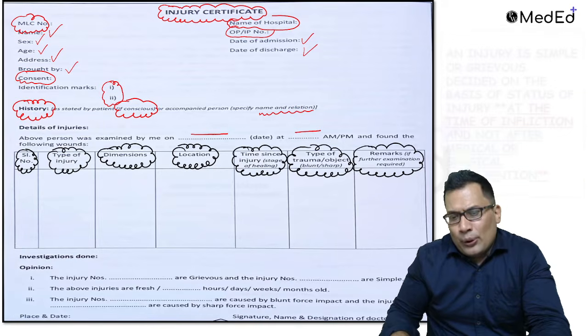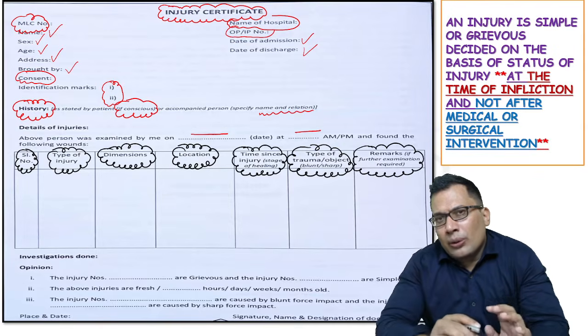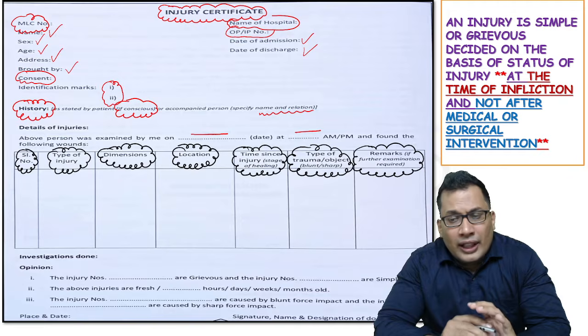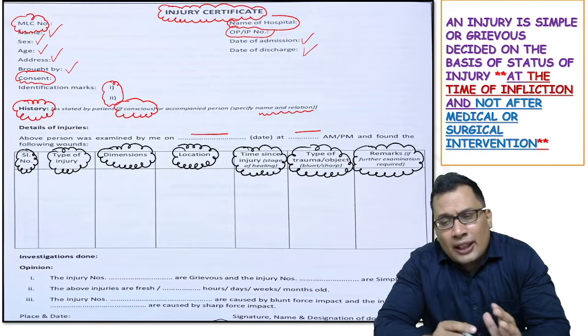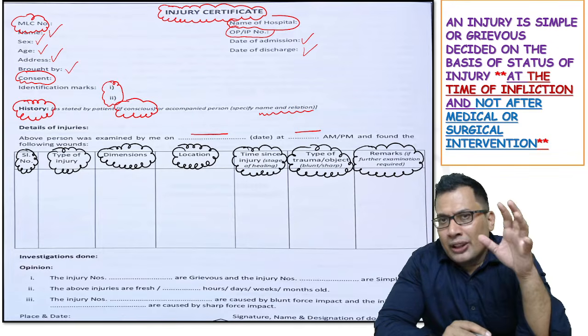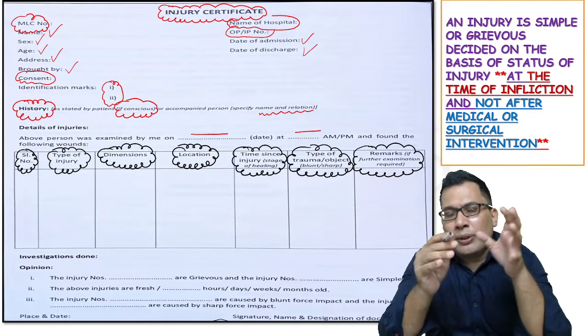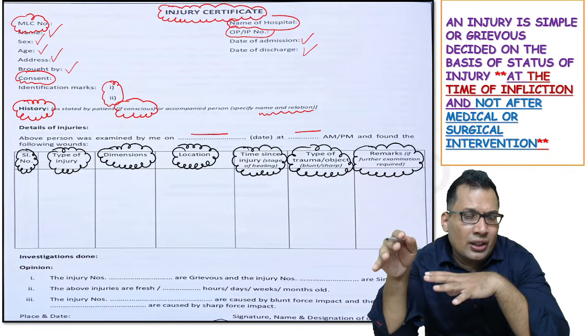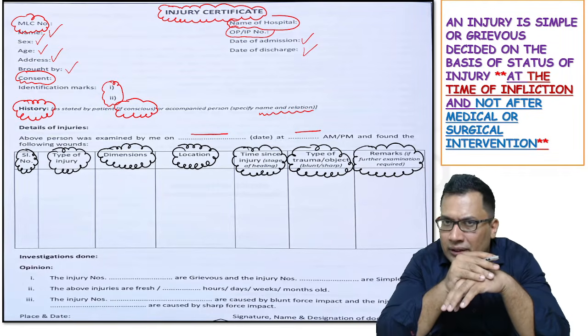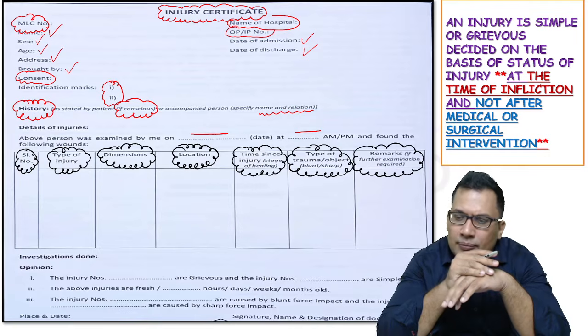And here are some important points. Remember, while preparing injury certificate, an injury can be simple, an injury can be grievous, right? So the punishment for simple injury varies, the punishment for grievous injury varies. It all depends on the injury certificate or opinion given by the doctor, judged by the magistrate.